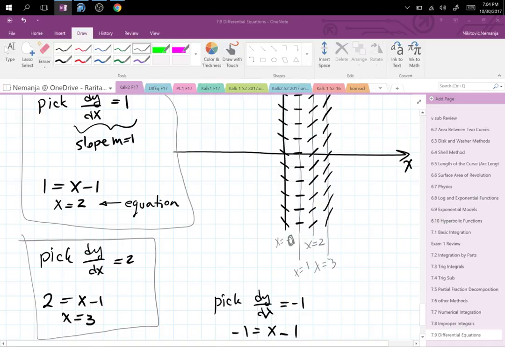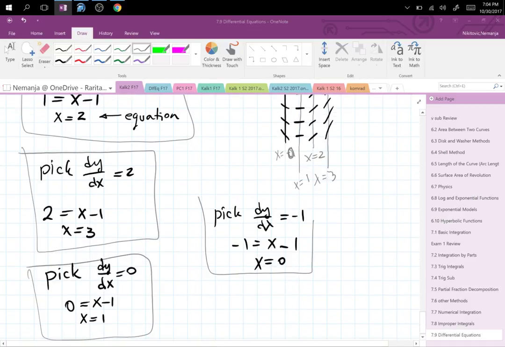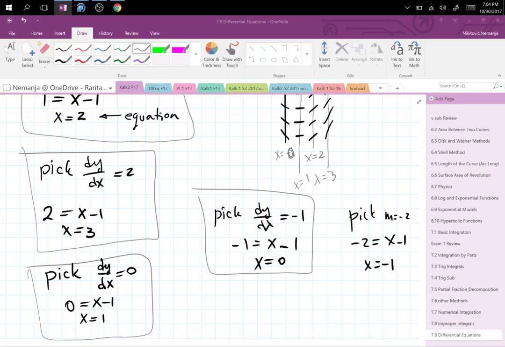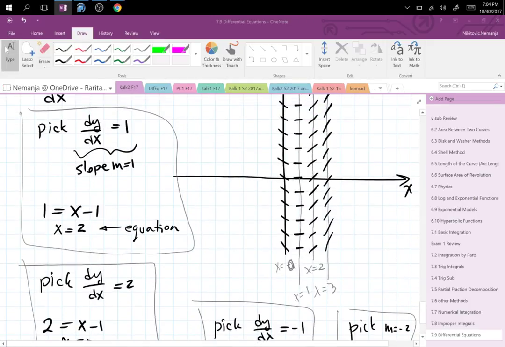So when we're at it, let's do -2. So pick m to be -2, then -2 is equal to x minus 1, and then x is equal to -1. So the isocline is at x equals -1.